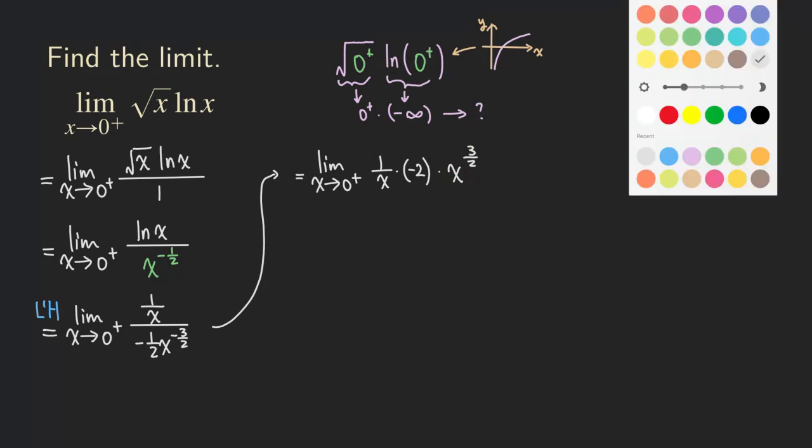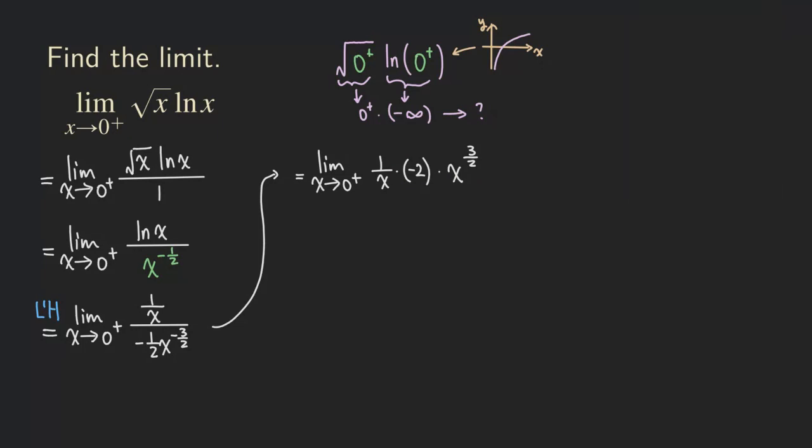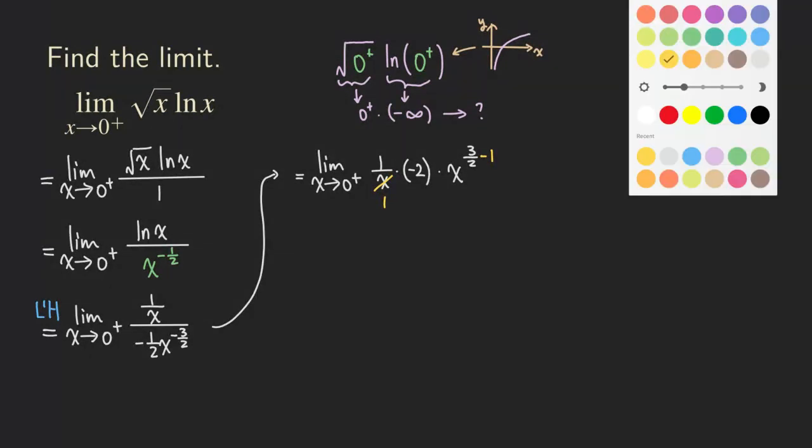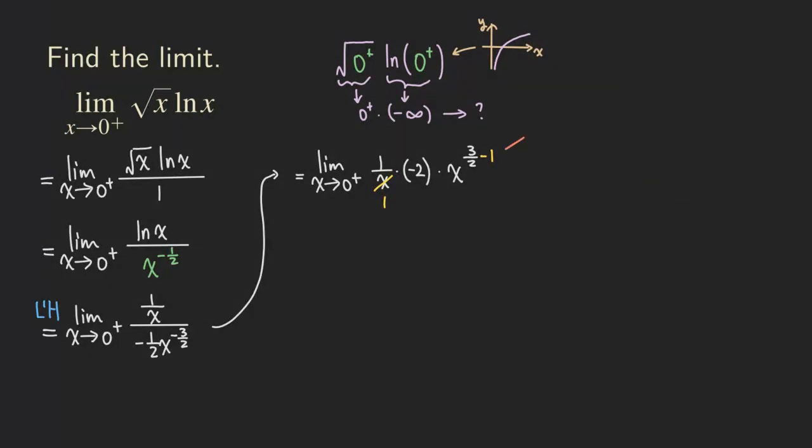Then if we are to do that, what are we going to get here? If I divide the bottom by x, I'm going to get a 1 here. If I divide this by x, then I'm going to take away the 1 from the exponent, as you can see. And then, of course, we can do some calculation here. This is 3 over 2 minus 2 over 2, so what is that?